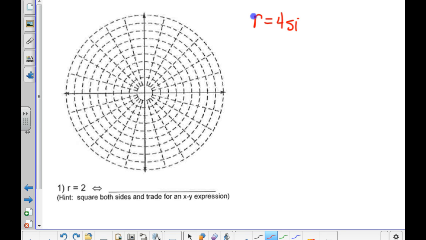Okay. 4 sine theta gave us a what? Gave us a circle up here, whose radius was 2, all the way across was 4. Okay, so could you tell me what problem number that was? Okay, bottom of worksheet 4B.